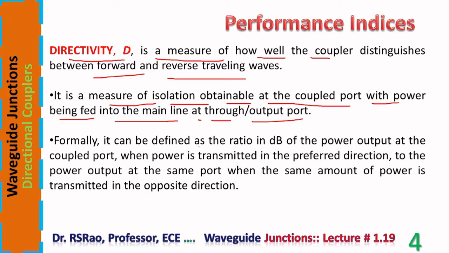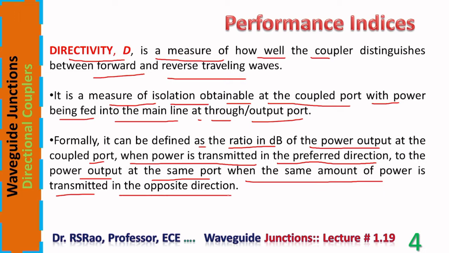Formally, it can be defined as the ratio in dB of the power output at the coupled port when power is transmitted in the preferred direction to the power output at the same port when the same amount of power is transmitted in the opposite direction. This defining statement gives a lot of information pertaining to the parameter directivity.